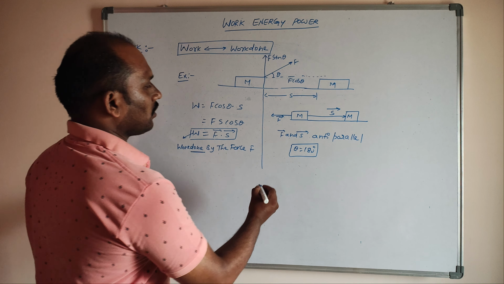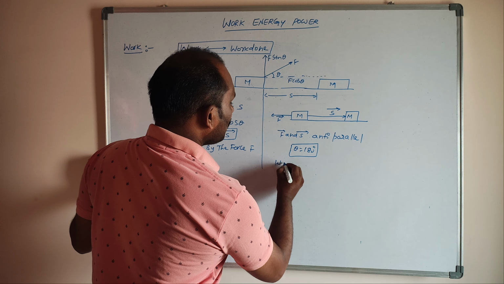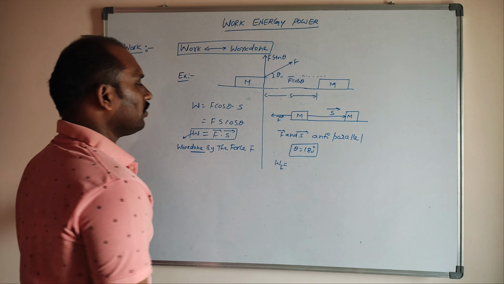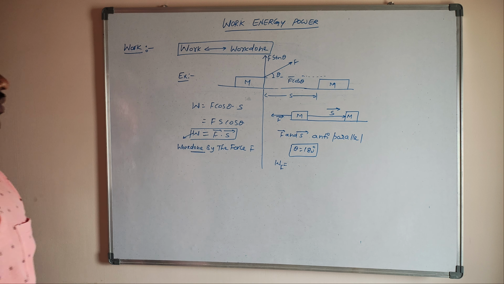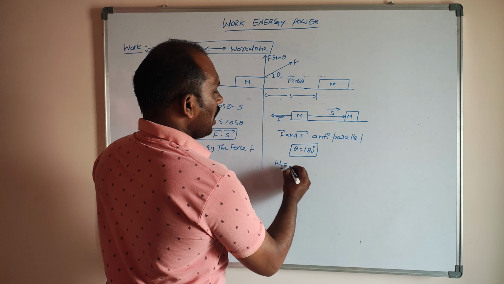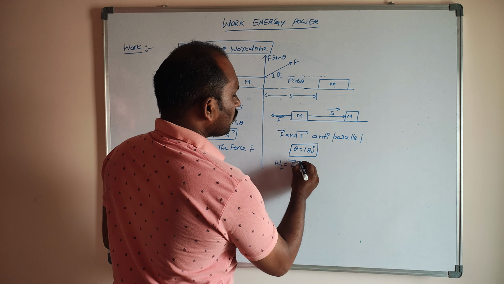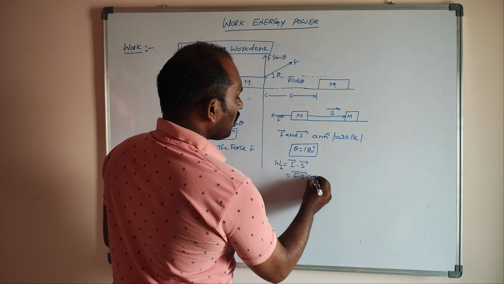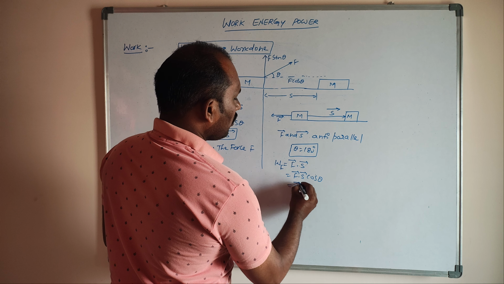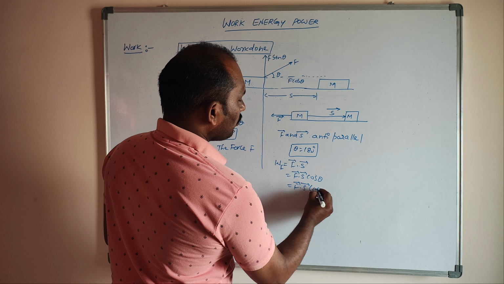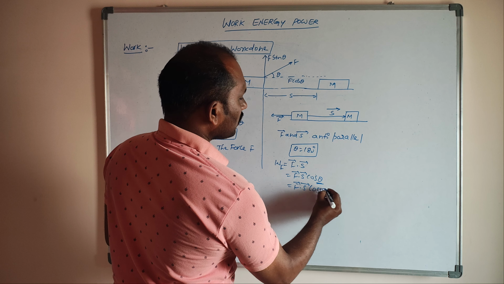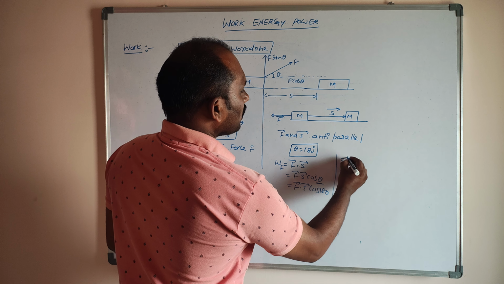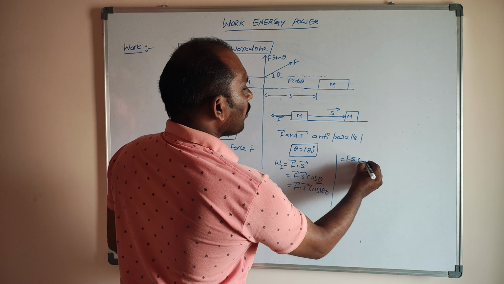So the work done by the force F, W F, is equal to F bar dot S bar, which is F S cos theta. Theta here is 180 degrees, and cos 180 is minus 1.